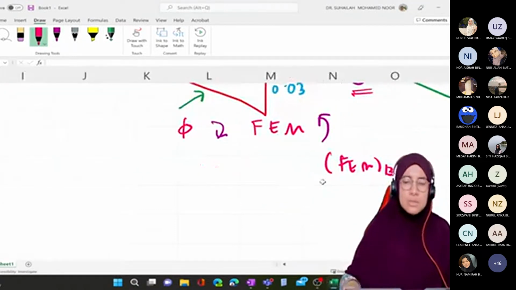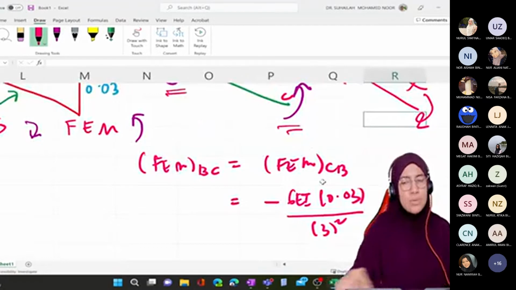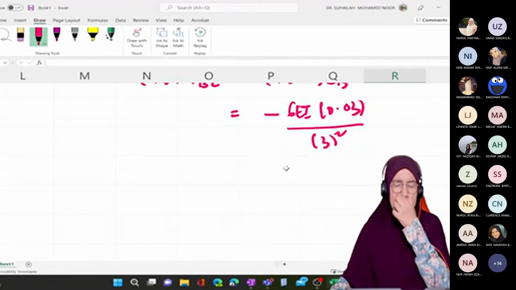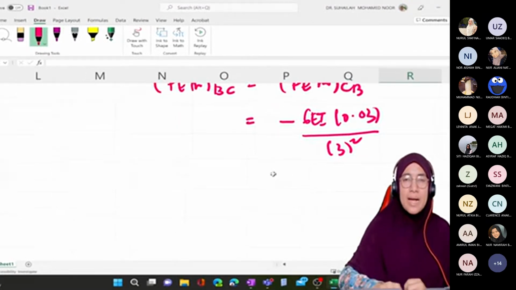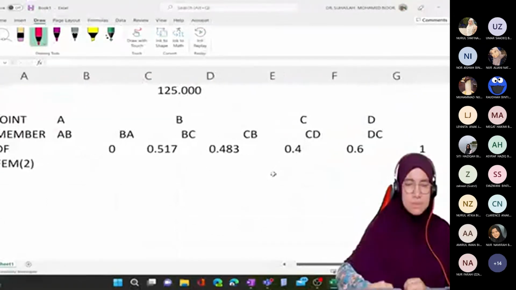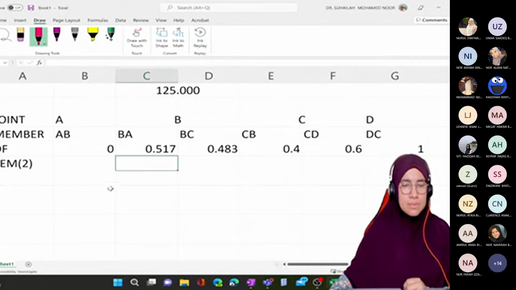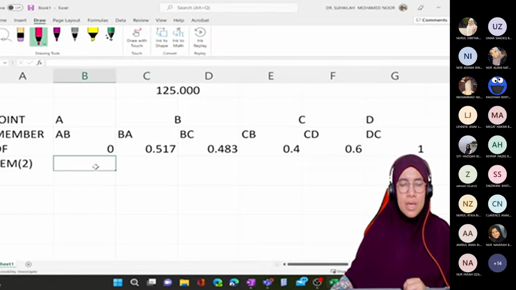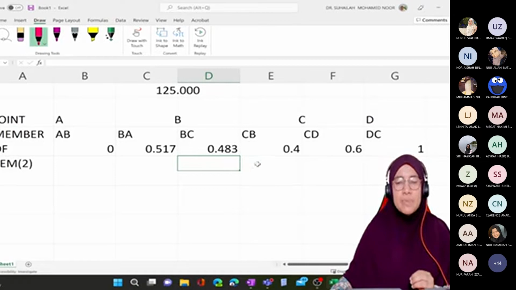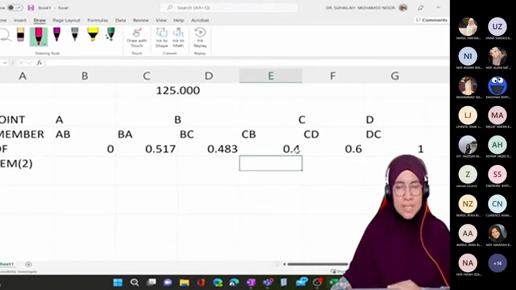Okay, so this value I want to put into the table, and we will calculate the end moment. So FEM for BC and CB will be the same. Both are negative, BC and CB, and we have CD and DC.